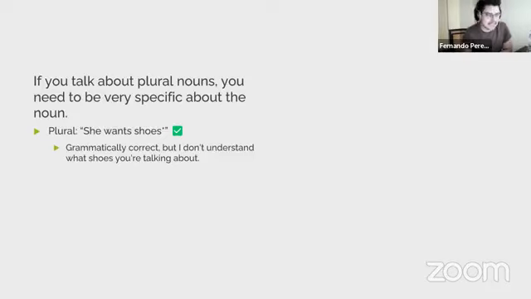In what context is necessary to say specific nouns or specific shoes? Who can tell me? In what context is necessary to speak about specific shoes? No? Anyone? No, but in a real life situation, okay. In what context is necessary to speak about specific shoes?